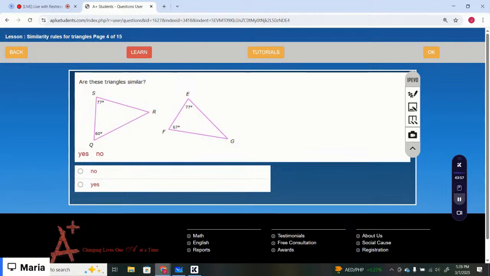Are these triangles similar? No, they are not similar.